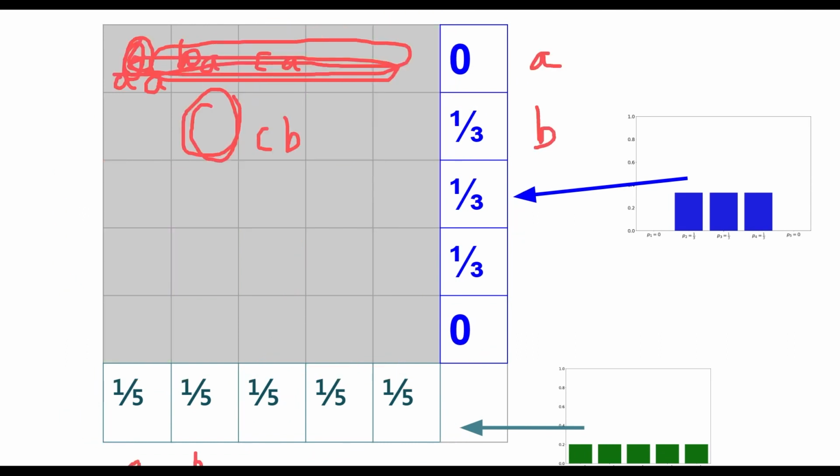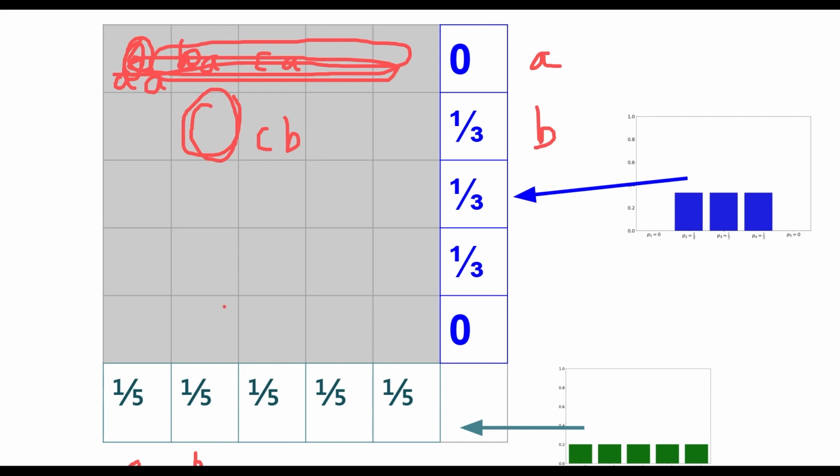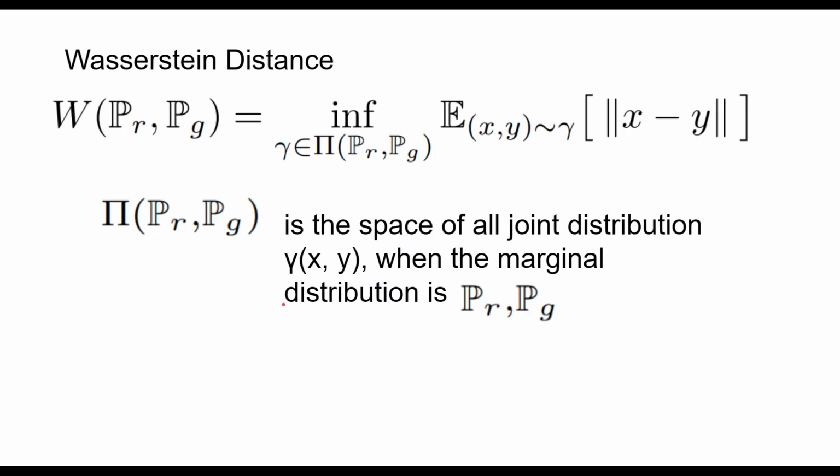So let's go back to the definition. This means we try out all possible joint distributions which have the marginal distributions that we give right here and here. We see all kinds of distributions in this way, and we have to measure this value, that is the expected value of the norm of x minus y.